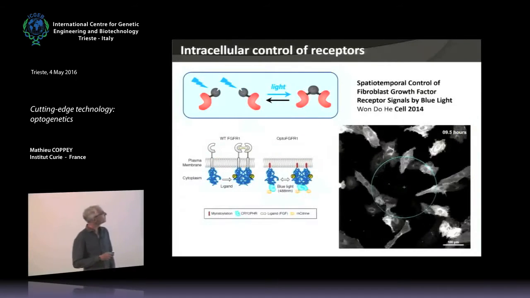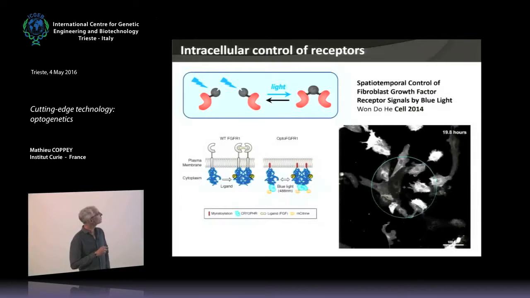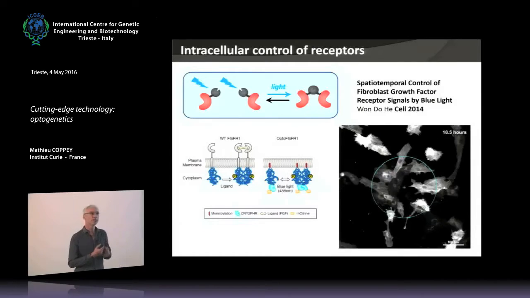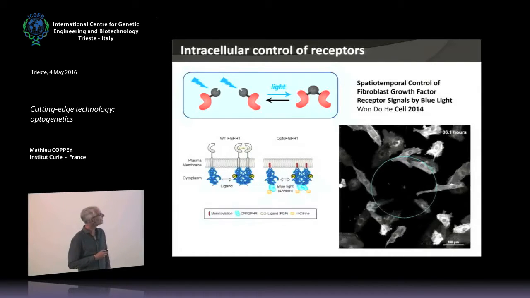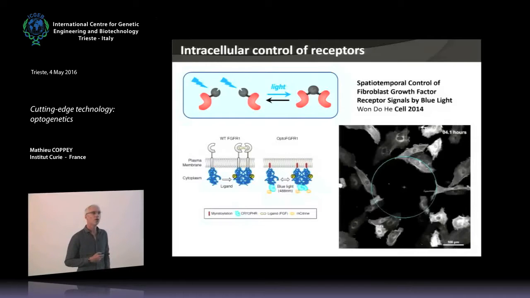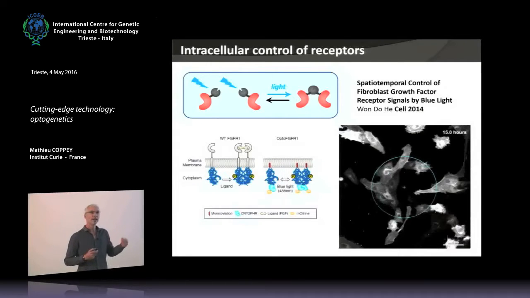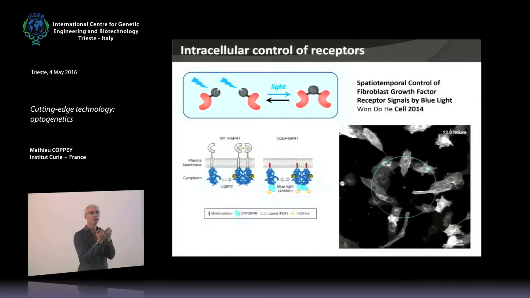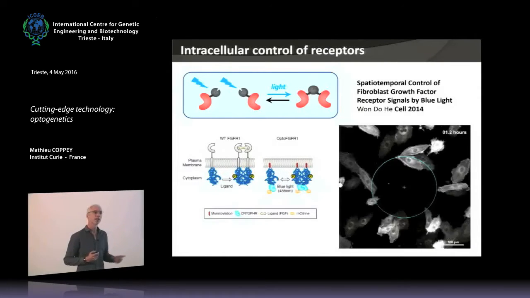On dimerization, this also uses two proteins, but now to make homodimers. Here is a nice application of that, using growth factor receptors. If you know how growth factor receptors work, they bind ligands, and once they bind a ligand, they form dimers. Once they form dimers, all these phosphorylation cascades take place.